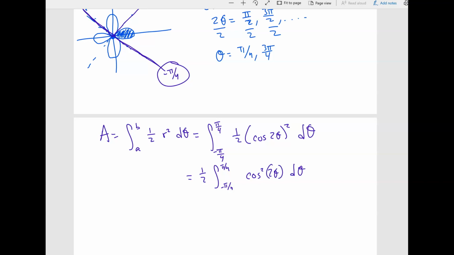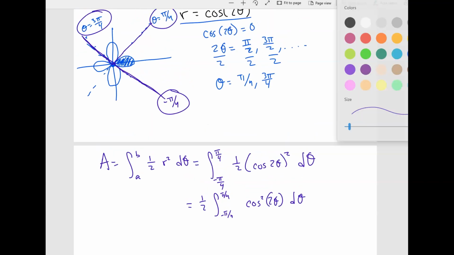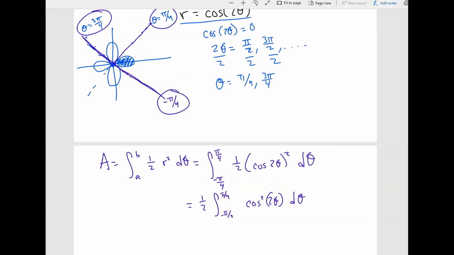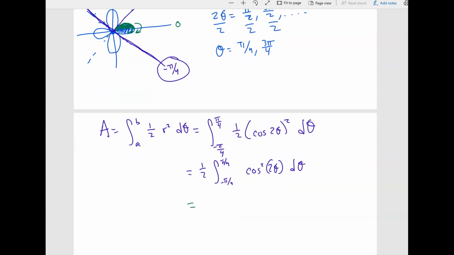Now, one thing I will do is, if you look at symmetry, I can actually do it from 0 to pi over 4, because you're going to get this top layer, and if I multiply by 2, you get the bottom part. So that's what I'm going to do. I'm going to do the integral from 0 to pi over 4.